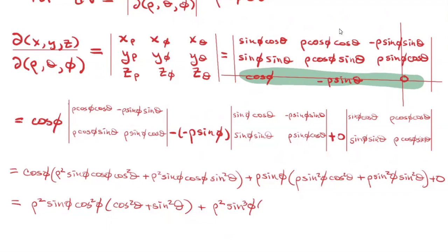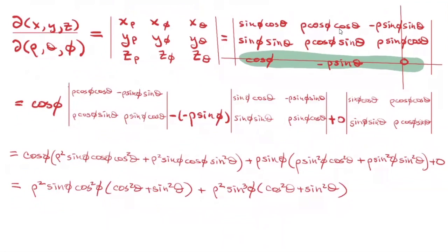And then what's left inside is a cos square theta plus sine square theta again. Of course, these are nice, right? That's 1, and that's 1.